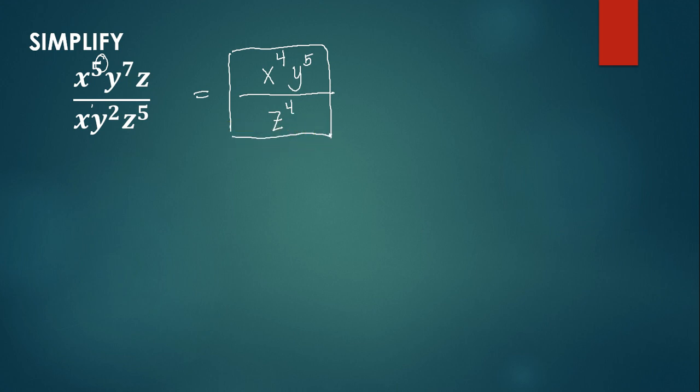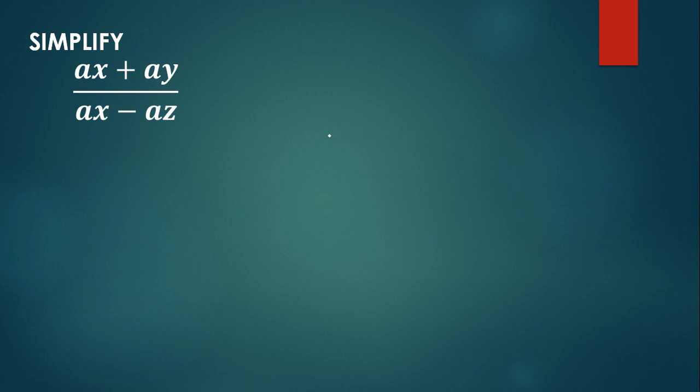Okay? And so, let's proceed to our example number 2. We have ax plus ay over ax minus az. For this case po, we're going to apply factoring. Titingnan natin kung pwede natin siyang ma-factor. So, sa case na ito, pwede kong i-apply ang common monomial factoring.